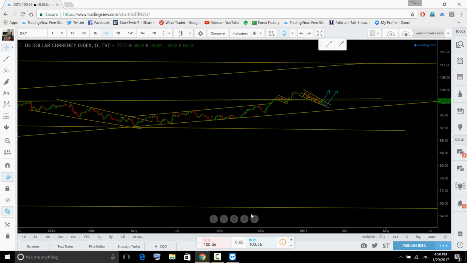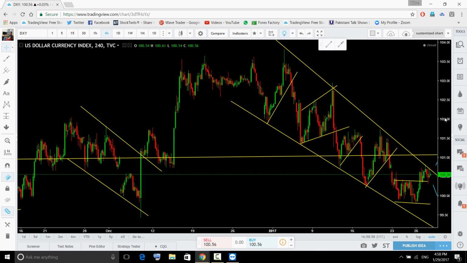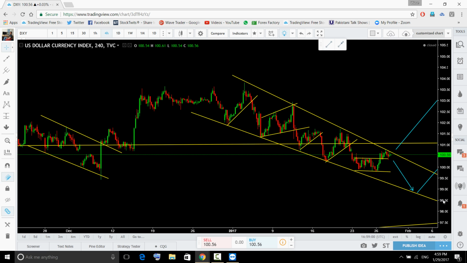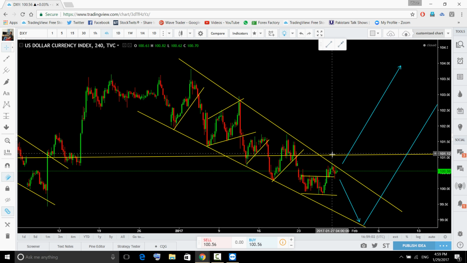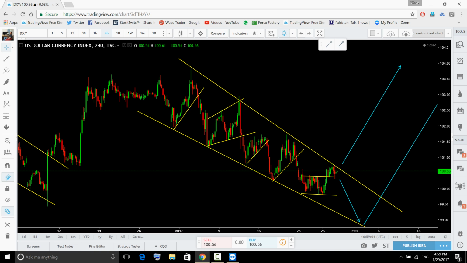If you guys remember, last week I explained this structure to you, this corrective structure. I asked you to look for a breakdown, and we got that breakdown.